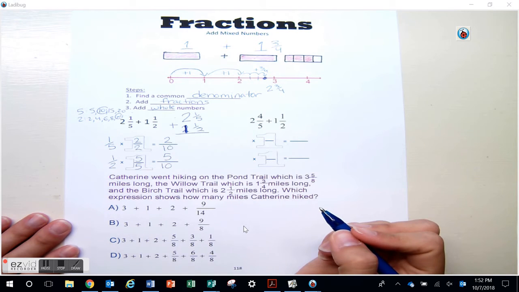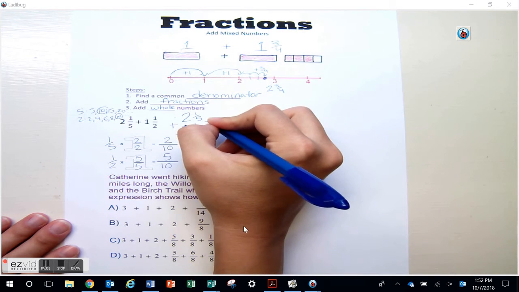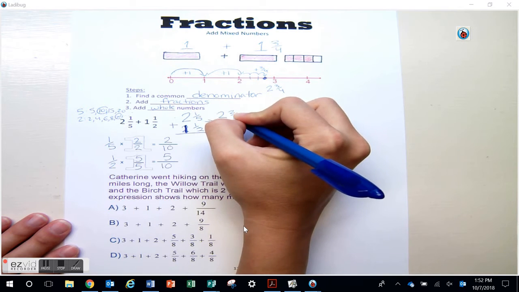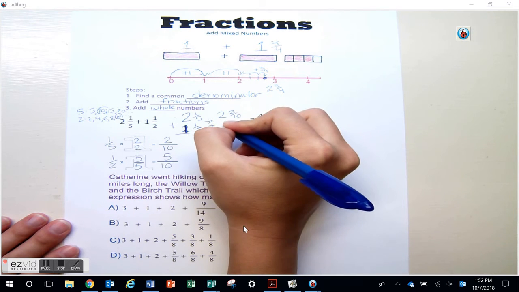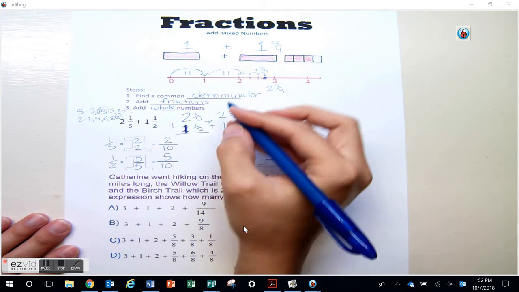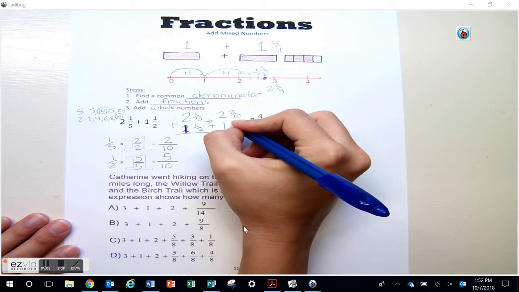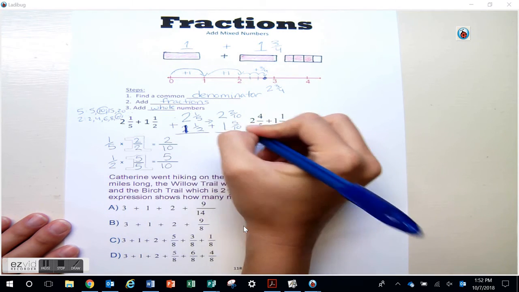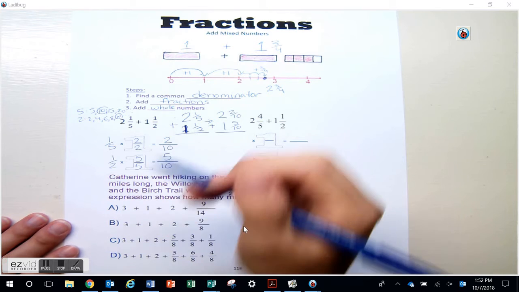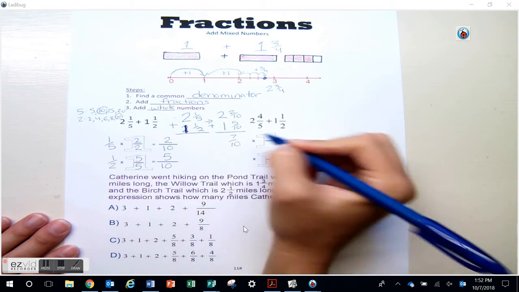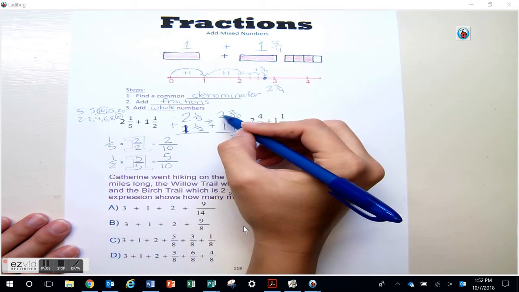So now I'm going to rewrite my problem with a common denominator, 2 2/10 plus 1. Notice how I'm writing the same whole numbers down, 1 5/10. Let's do this addition. 2/10 plus 5/10 gives us 7/10. 2 plus 1 gives me 3.